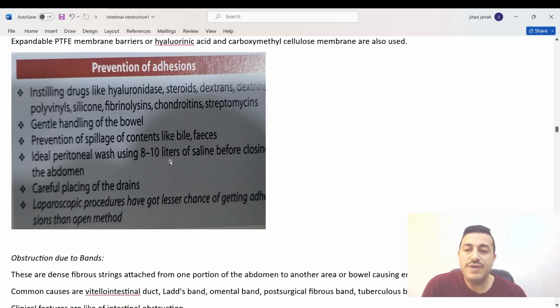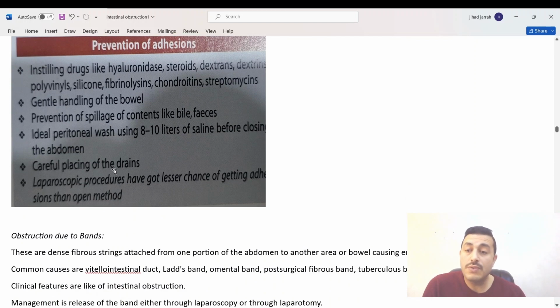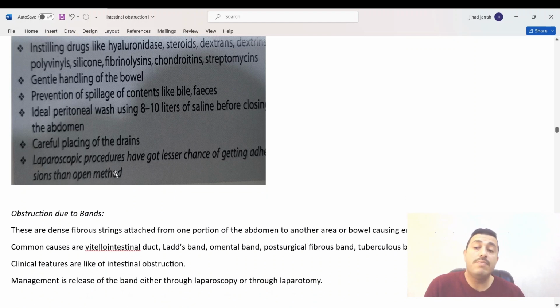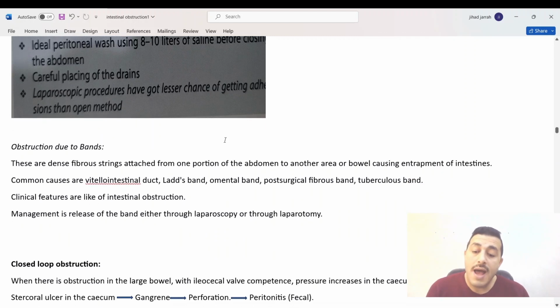Spillage of feces. Also peritoneal wash with warm saline, 8 to 10 liters, can play a role. Also careful placing of a drain, and laparoscopic procedure as we can. Laparoscopic is associated with a lesser chance of developing adhesion.